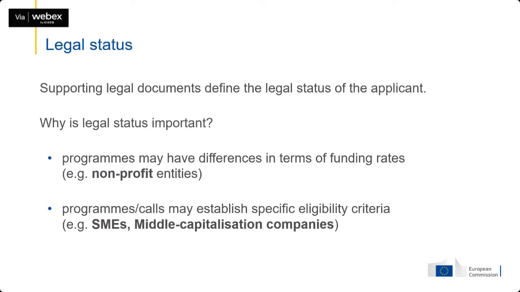Even if you encode it in the beginning, we need to receive a legal document that proves this non-for-profit status. Usually, this is indicated in the statutes of the company. So we need to verify against the statutes that the entity is currently functioning under, that it cannot distribute any profit.